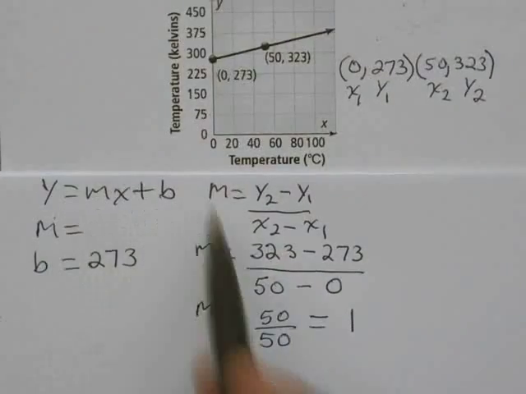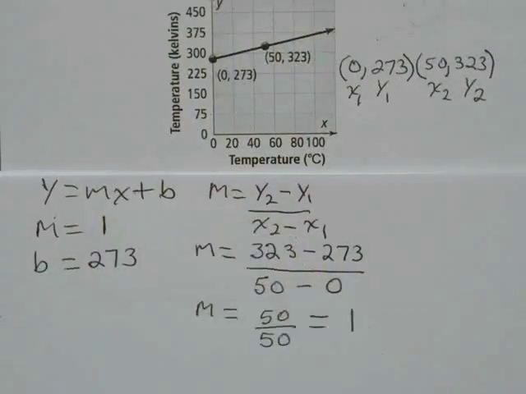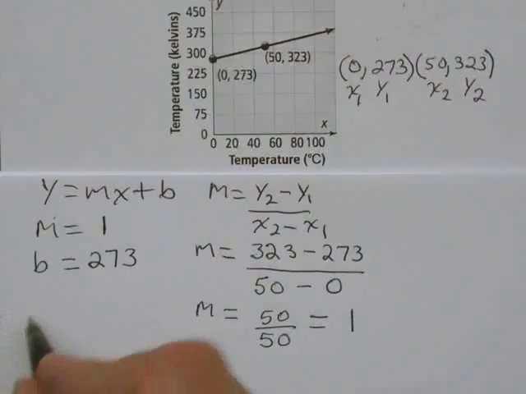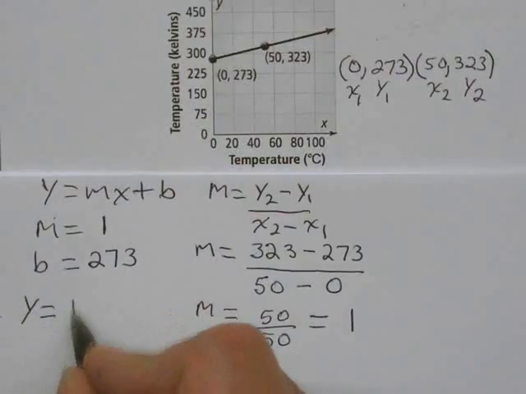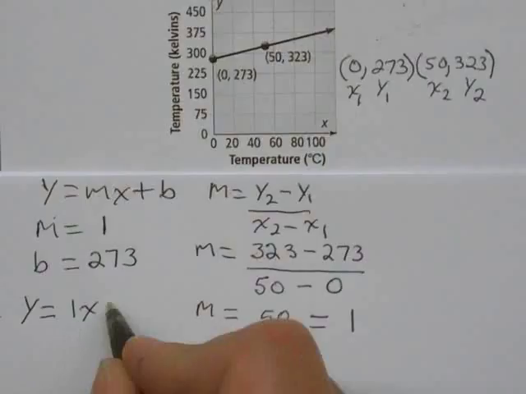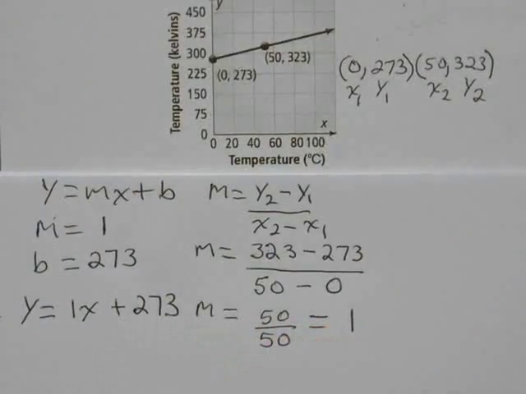All right, let's go back over here to the left, and we can see that y equals mx plus b, and our slope is 1. And we can write this equation such that y equals 1x plus 273. And that would be an equation for this particular line. All right.